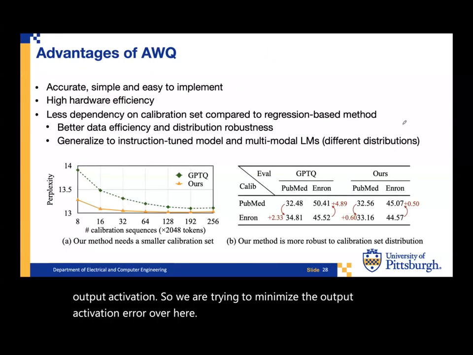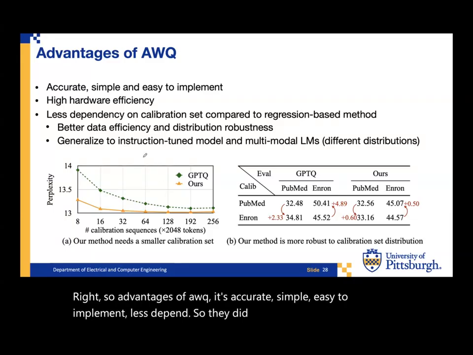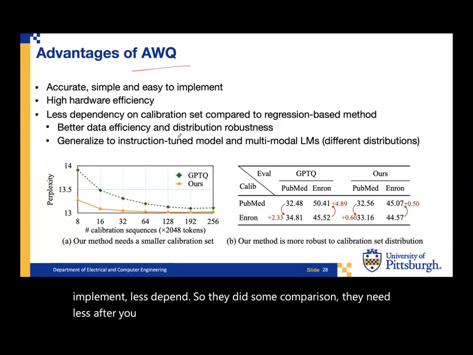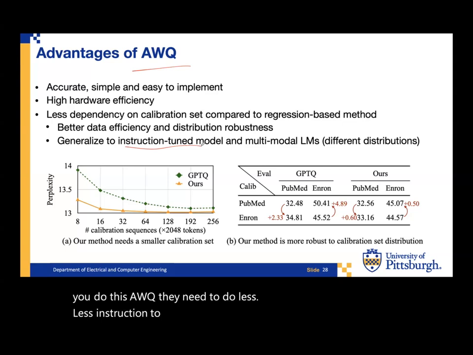So advantages of AWQ: it's accurate, simple, easy to implement. They did some comparison. After you do AWQ, you need to do less instruction tuning of the model, and it is less dependent on the calibration data set.